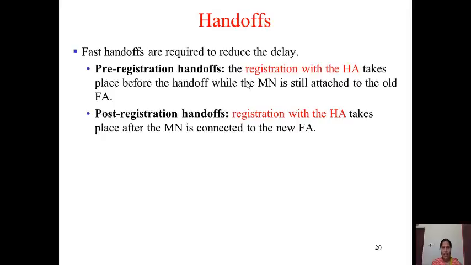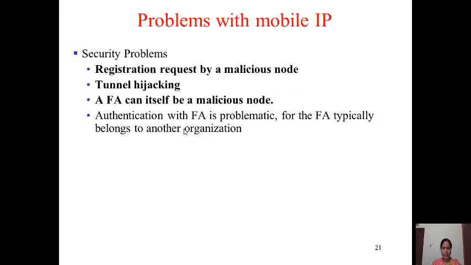In pre-registration handoff, the registration with the home agent takes place before the handoff, while the mobile node is still attached to the old FA. This is similar to the soft handoff. And in post-registration handoff, the registration with the home agent takes place after the mobile node is connected to the new foreign agent, right? So this is about fast handoffs and their methodologies.